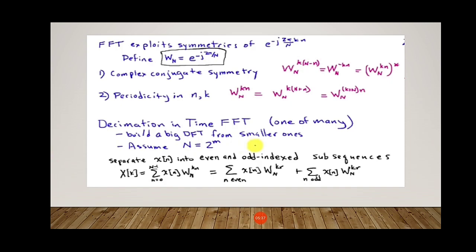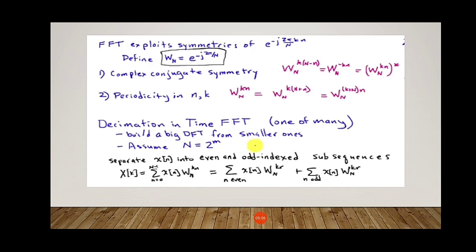The first property is complex conjugate symmetry. Here, W_N to the power k multiplied by capital N minus n would be equal to W_N to the power minus kn.